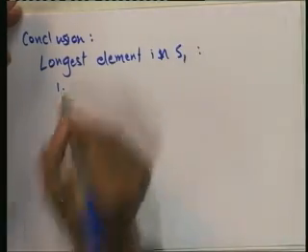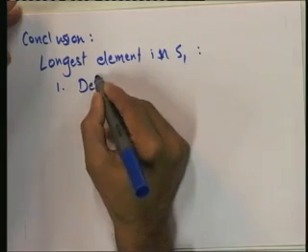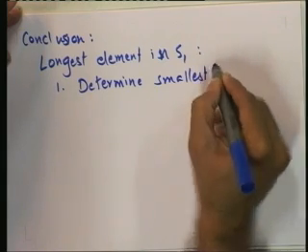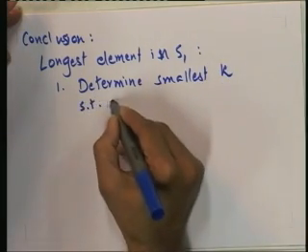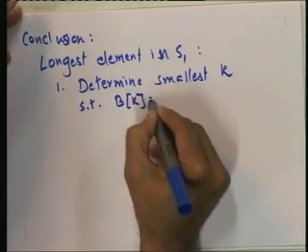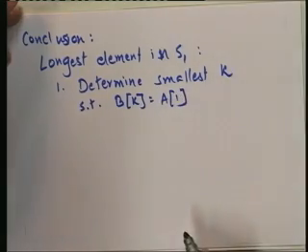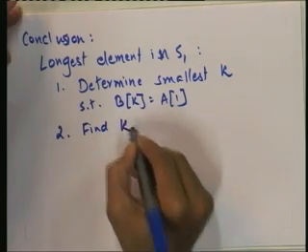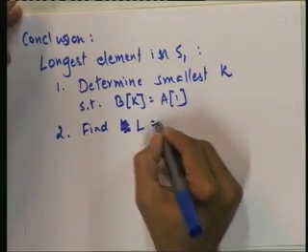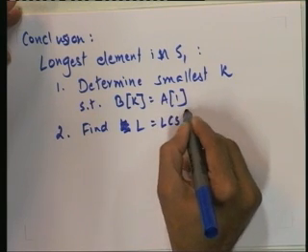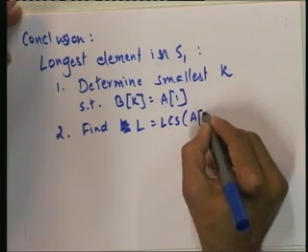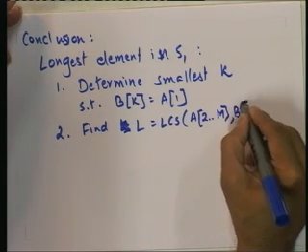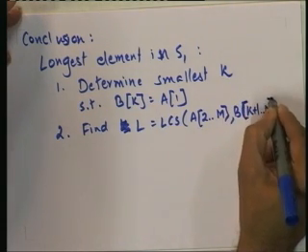One, determine the smallest k such that B of k equals A of 1. Second, find capital L equals LCS of A of 2 to M, B of k plus 1 to N.